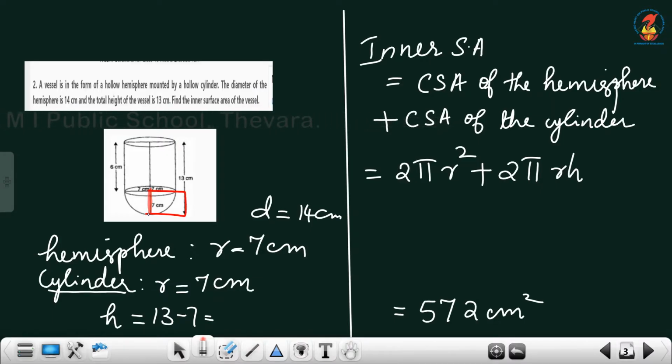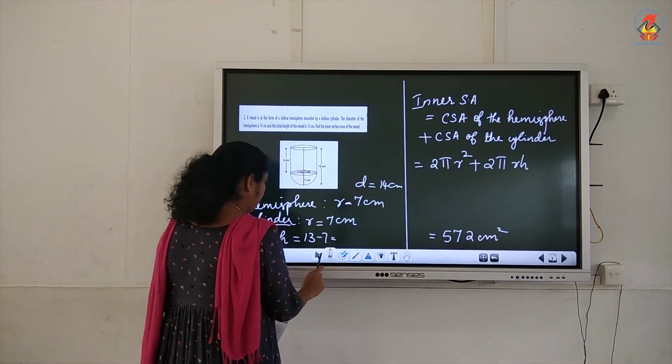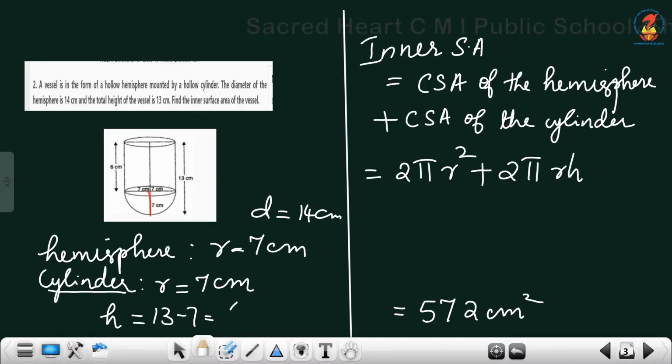So, for getting the height of the cylinder, you have to subtract the 7 centimeter from the total. So, height of the cylinder is equal to total height minus this radius. That means 13 minus 7, that is equal to 6 centimeter.